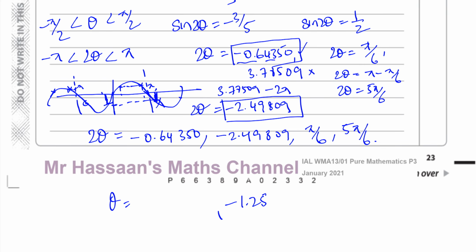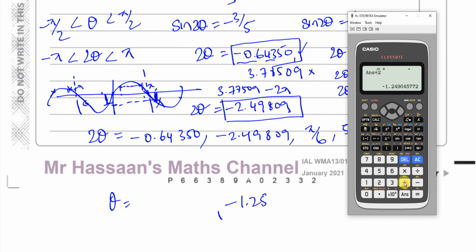This one, I've got to divide this one by 2. So I have negative 0.64350. Oops. I have minus 0.64350 divided by 2. And that gives me minus 0.322.